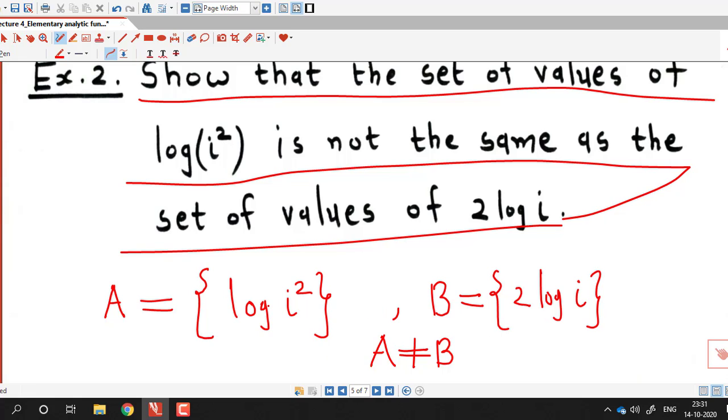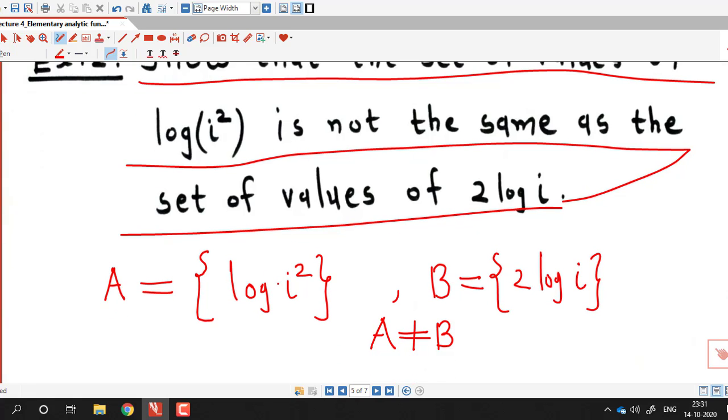Two sets are equal if A is a subset of B and B is a subset of A, that is, each element of A is again an element of B and vice versa.